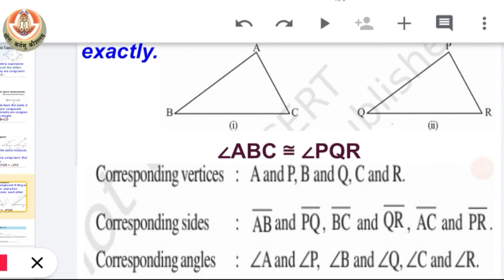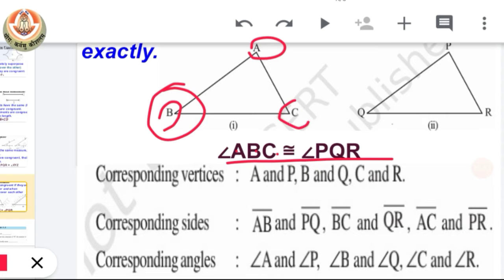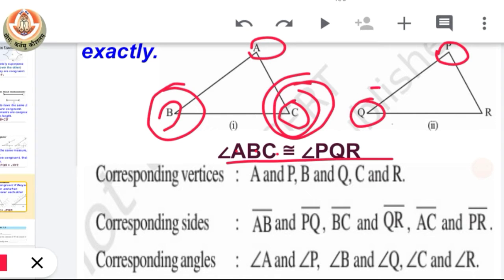If we say that ABC is congruent to PQR, how do we say which corresponding part is congruent to which part of the other triangle? In ABC, A is the first point, B is the second, C is the third. Similarly, in the second triangle, P is the first, Q is the second, and R is the third point.